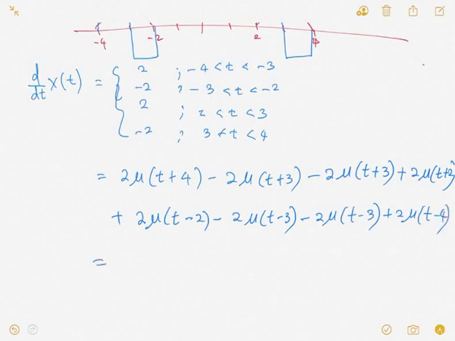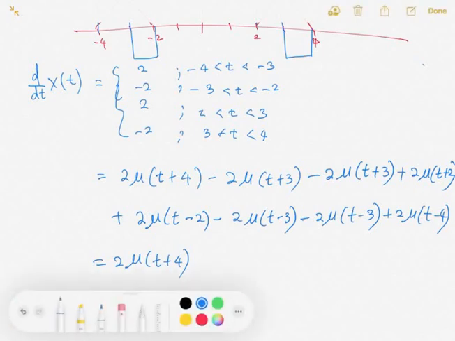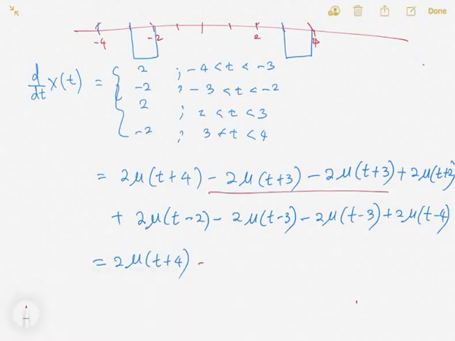Okay, if you simplify it, you will get 2 unit step t plus 4. This one, you will get -4 unit step t plus 3.